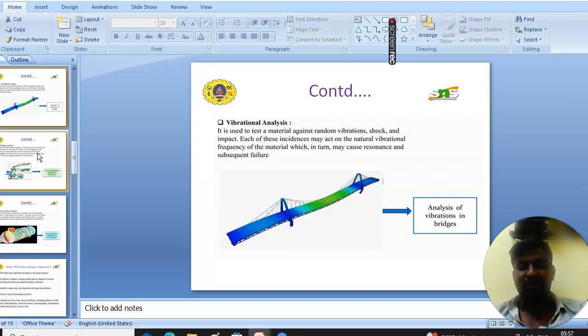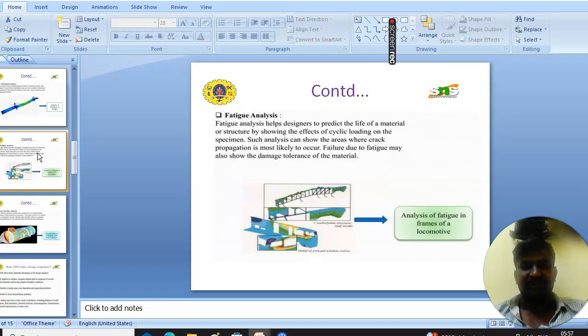The next is fatigue analysis. Fatigue analysis helps designers to predict the life of a material or structure by showing the effects of cyclic loading on the specimen. Such analysis can show the areas where crack propagation is most likely to occur. Failure due to fatigue may also change the damage tolerance of the material.